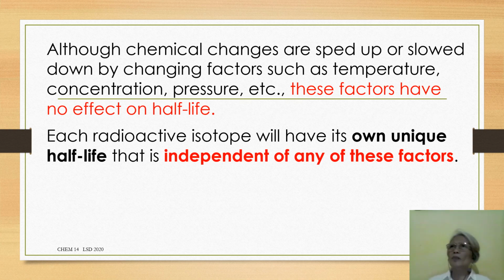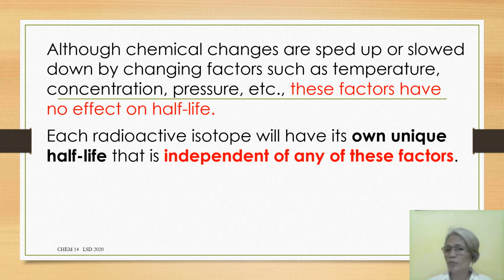Now, although we know that chemical changes can be altered by changing factors like temperature, concentration, and pressure in cases of gaseous reactants. For example, if we increase or decrease the temperature, or increase or decrease the concentration, we can either speed up or slow down the rate of a chemical reaction.